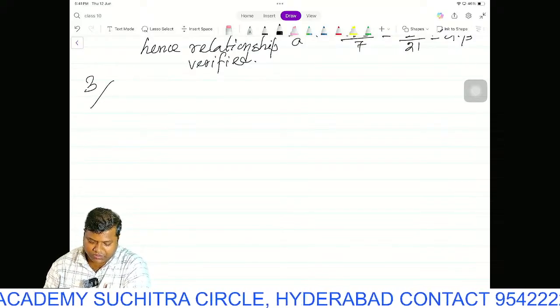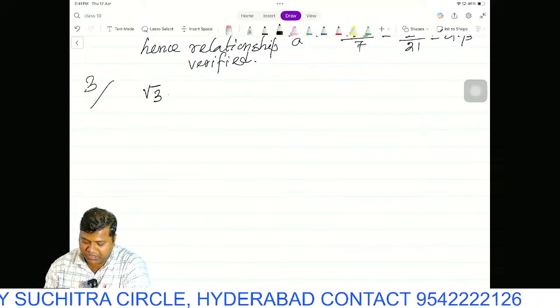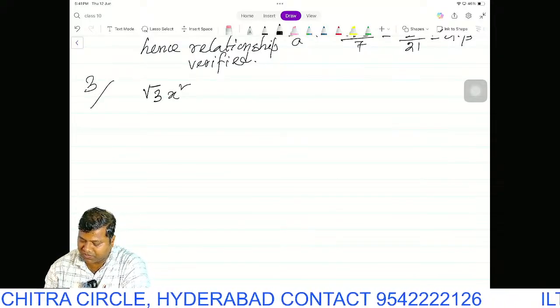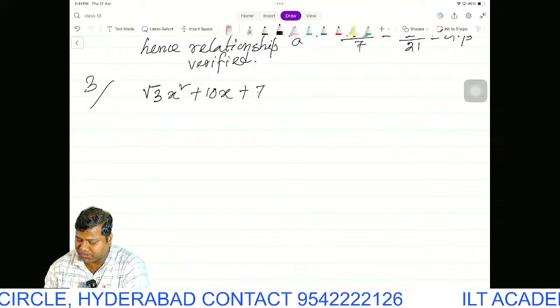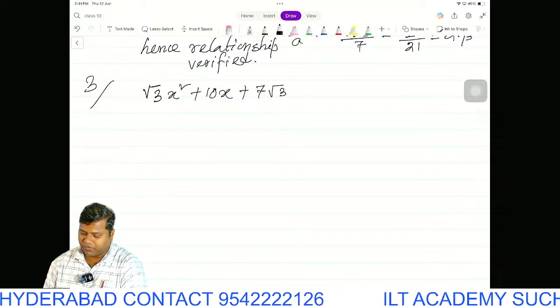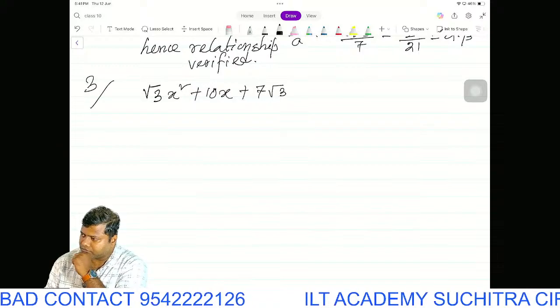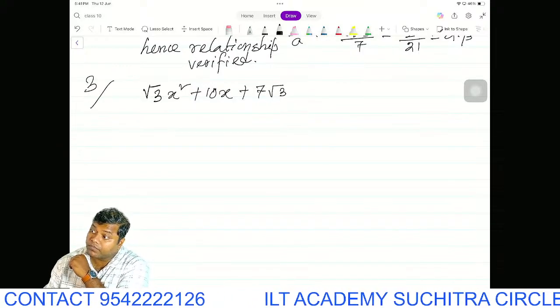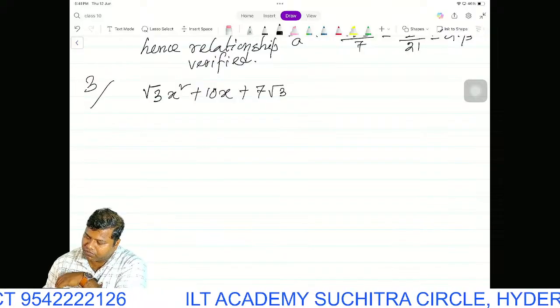Now the third one. The third one was to find the zeros of the polynomial root 3 x square plus 10x plus 7 root 3. If you multiply both equations by 3, then you factorize them.